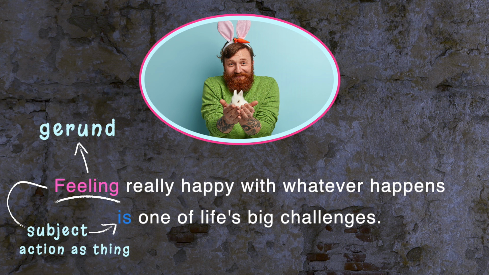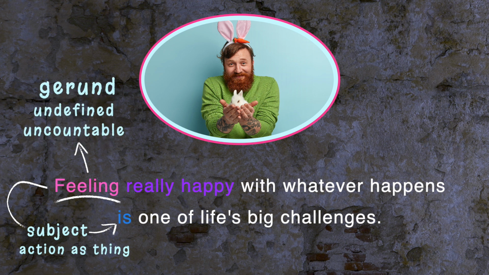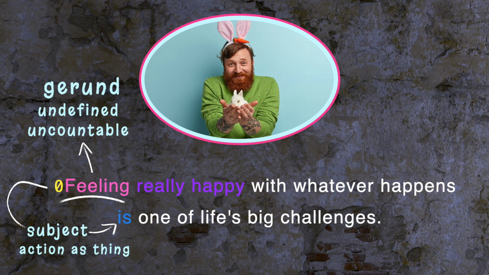It is being modified by the adverb "really" and the adjective "happy," which again tells us it is a gerund, not a verbal noun. It is undefined because we are talking about this state in general, and as a gerund is uncountable, and therefore it takes an invisible zero article.